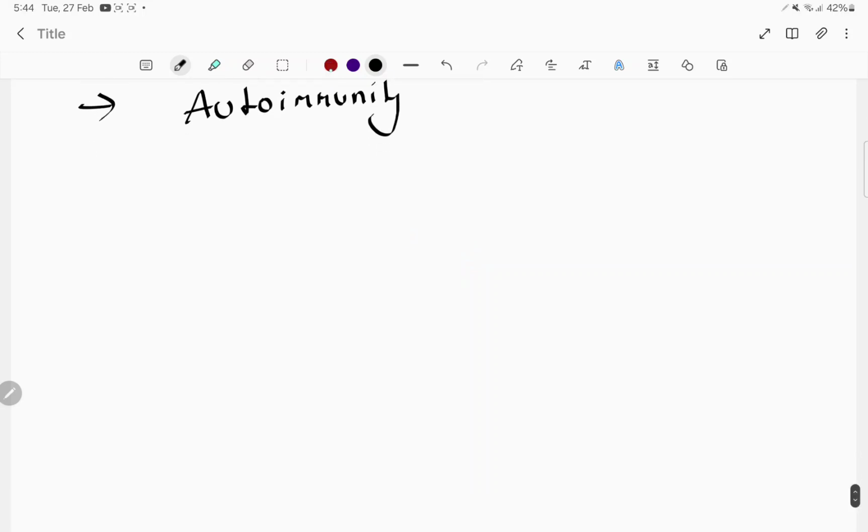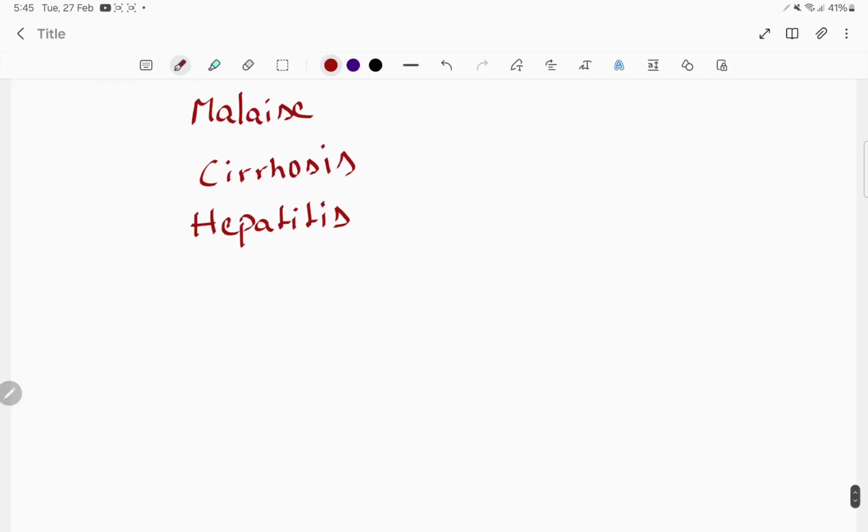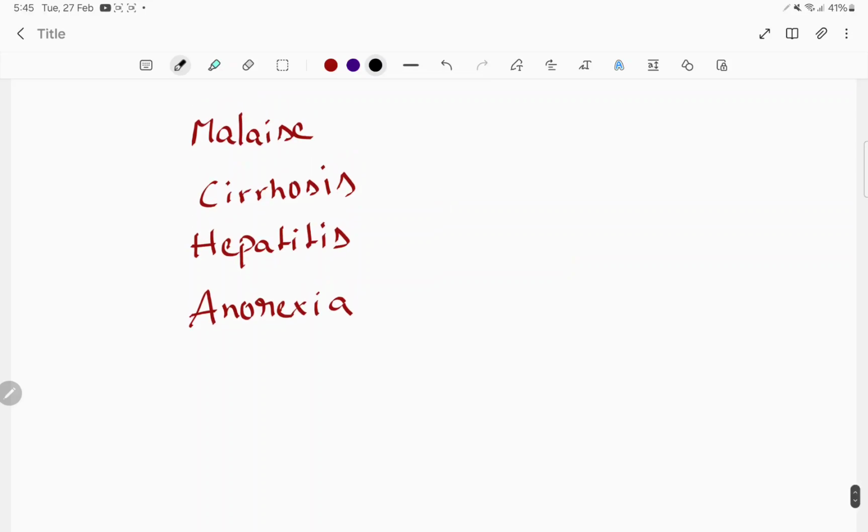So next, malaise, cirrhosis, hepatitis, anorexia. Remember, what are these words? Malaise is a general feeling of discomfort.